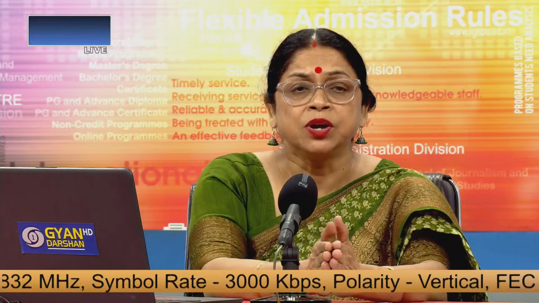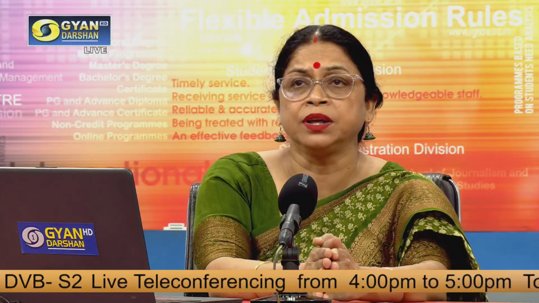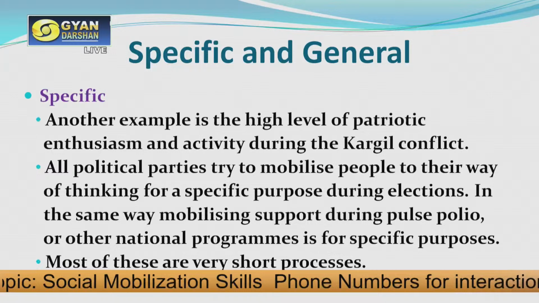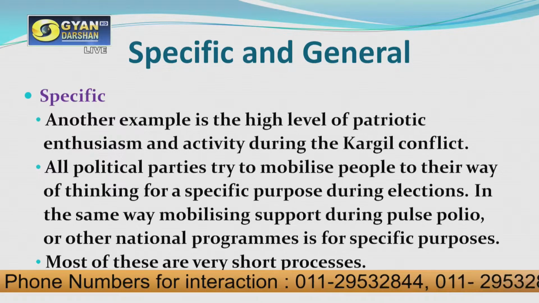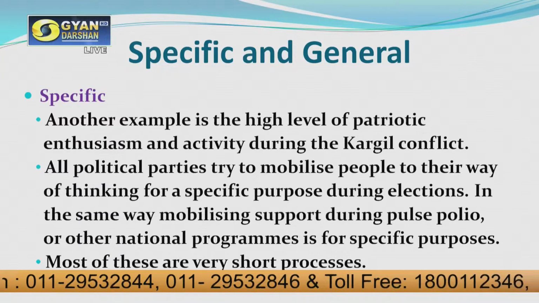That is another specific issue on which you can take the lead and ask people what all their needs are at that time and what action can be taken. Specifically for that particular activity, you try to mobilize the community. Another example is the high level of patriotic enthusiasm and activity during the Kargil conflict. Similarly, all political parties try to mobilize people to their way of thinking for a specific purpose during elections.